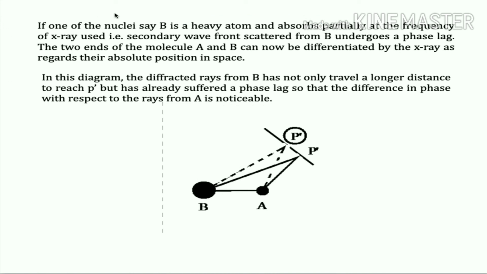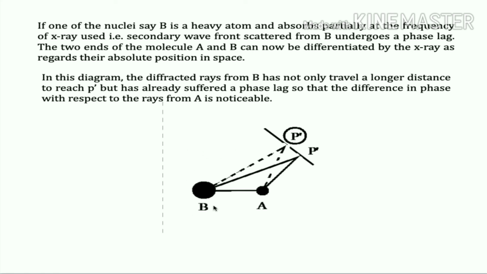Suppose one of the nuclei, say B, is a heavy atom and absorbs partially at the frequency of X-ray used; that is, the secondary wave front scattered from B undergoes a phase lag. The two ends of the molecule, A and B, can now be differentiated by X-ray as regards their absolute position in space.